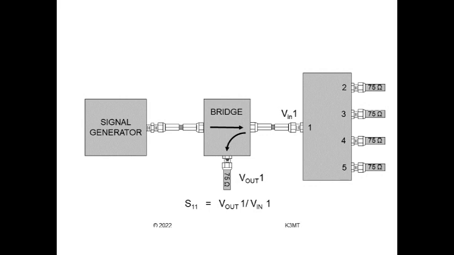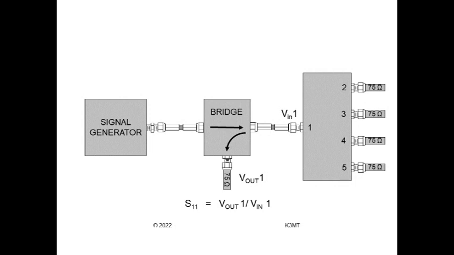In the same way, we can measure S22 through S55, the remaining S parameters of the splitter. So it has 25 S parameters in all. An N-port network has N squared S parameters. By the way, the reflection coefficient is the parameter plotted on a Smith chart.